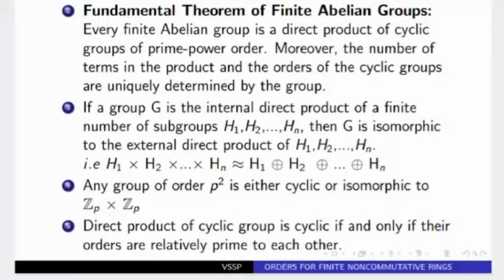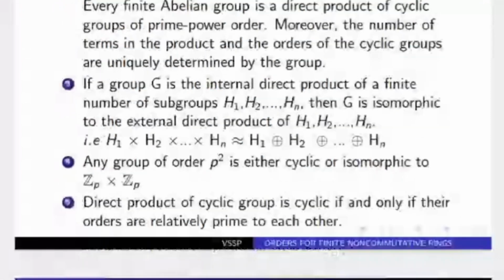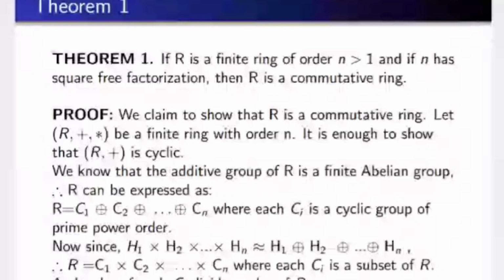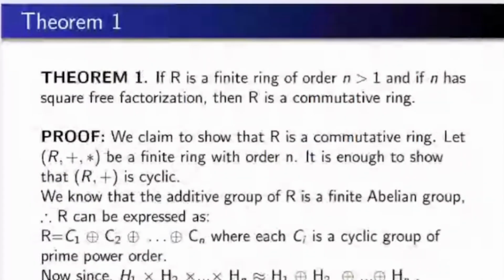And fifth, any direct product of cyclic groups is cyclic if and only if their orders are relatively prime to each other. Now the first theorem states that if R is a finite ring of order n, where n is greater than 1, and if n has a square-free prime factorization, then the ring R is a commutative ring.